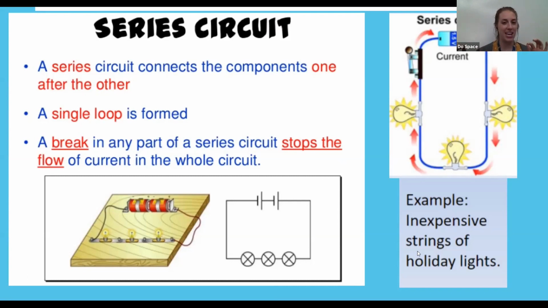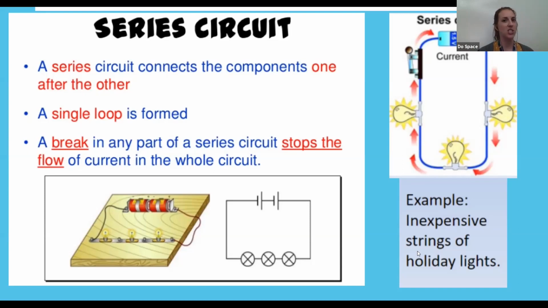So imagine that come December, you plug in your lights, and if one of those little light bulbs, or something in that whole string, was not working, then none of them would work. So people would have to go back and check each and every single light bulb, maybe change them, and see if they worked to fix the string of lights.